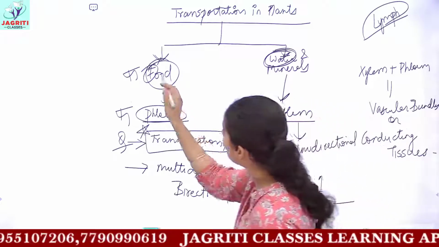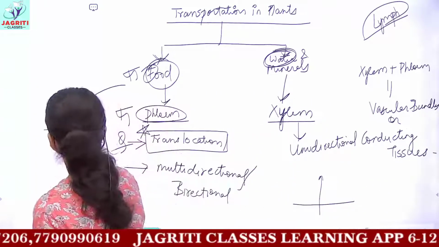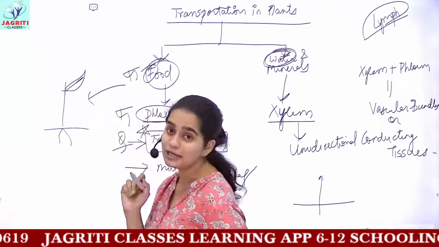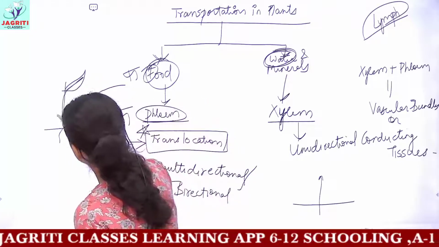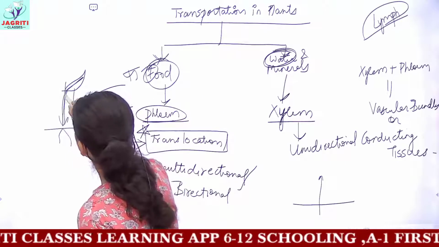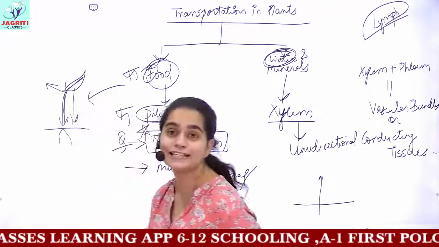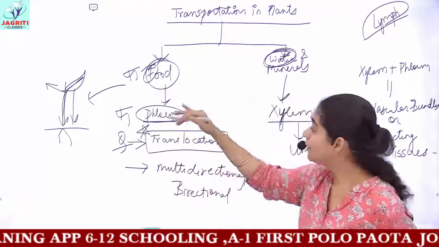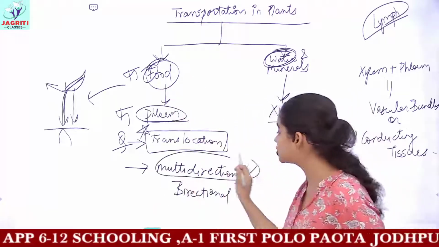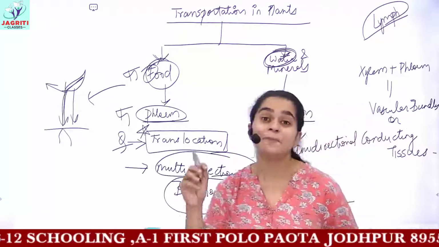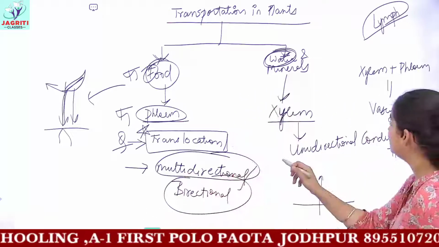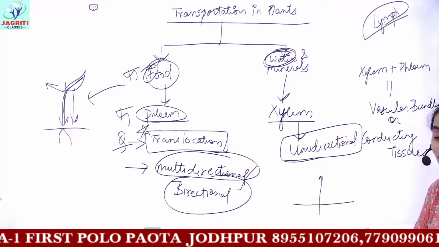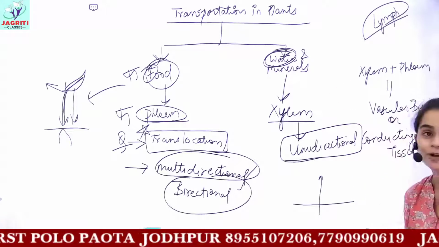Whereas food, you all know, is synthesized in the leaves of the plant. And this food synthesized in the leaves needs to be transported to the downward cells and also in sideways directions. So we say that the transfer of food by phloem is multidirectional or bidirectional compared to the transport of water, which is only unidirectional from the roots, the source of water absorption, to the aerial parts of the plant.